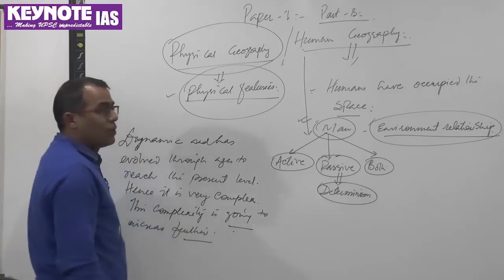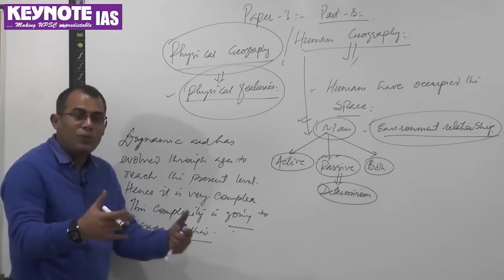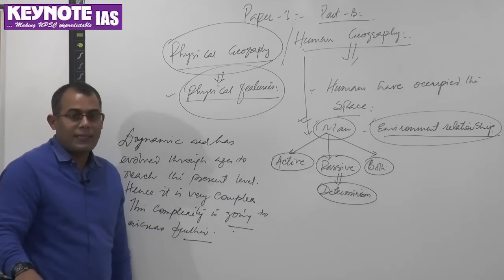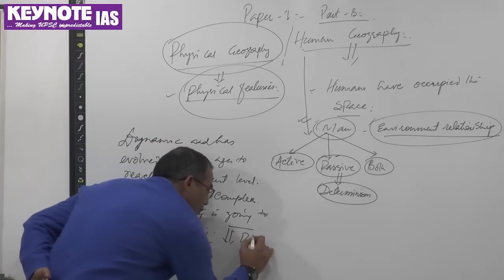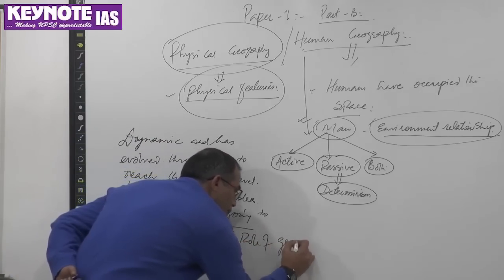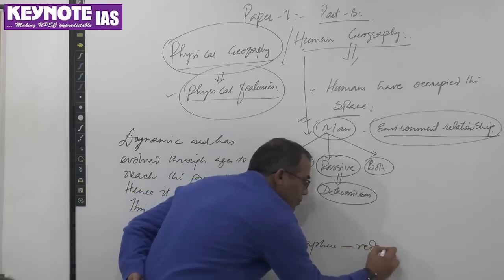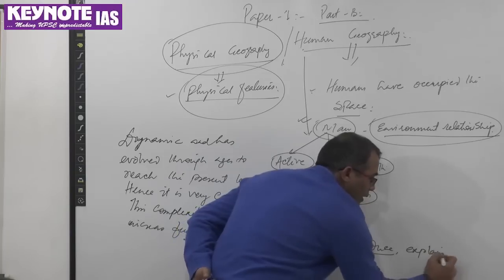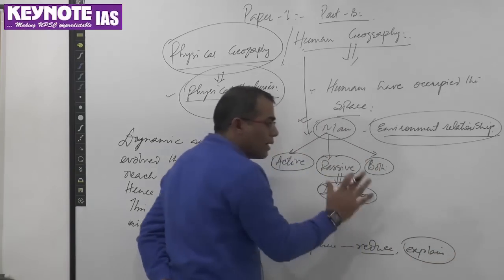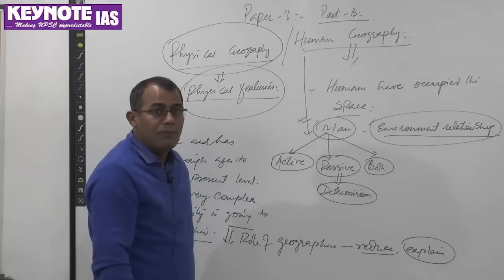So what is the role of the geographers? To reduce that, right? So the basic role of a geographer here is to reduce, explain through interrelationship and intrarelationship of various elements.